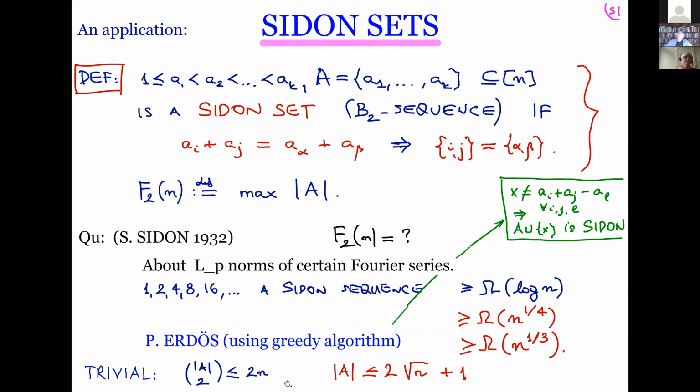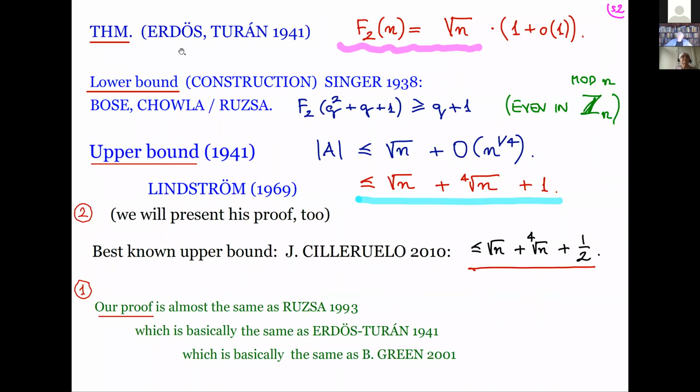And we have a trivial upper bound, root n. All the pairs are distinct, so all the pairwise sums are distinct. They were working on it for a few years and got this nice result. Erdős and Turán published in '41 that the size of the largest Sidon set among the first n integers is something like root n.